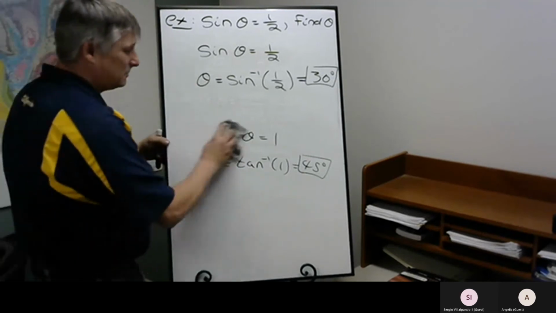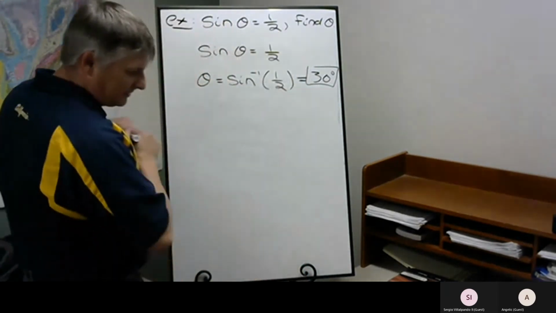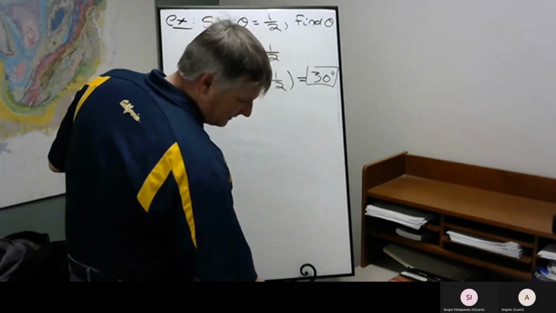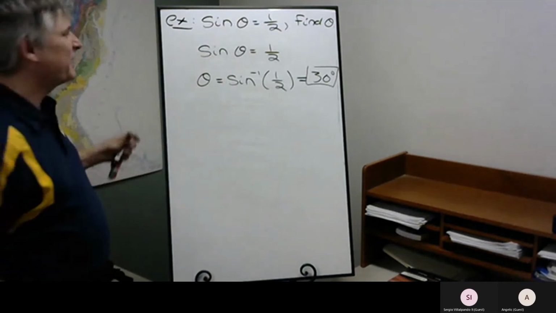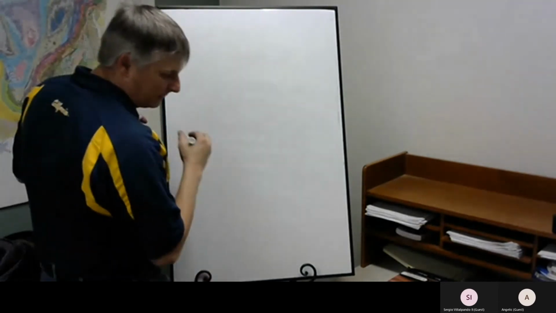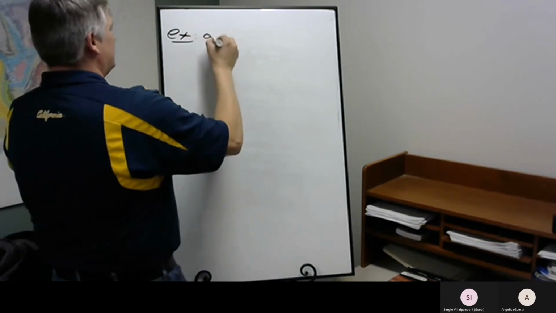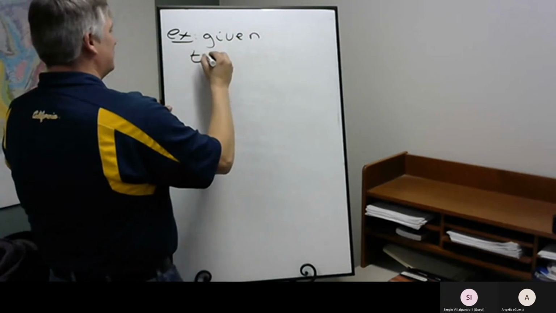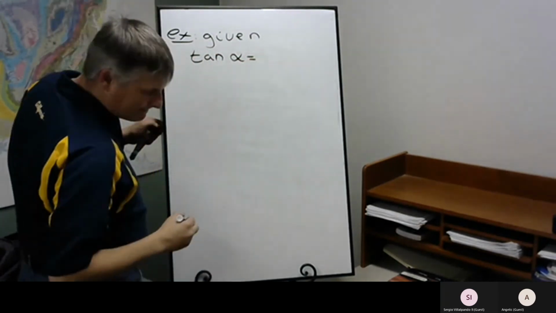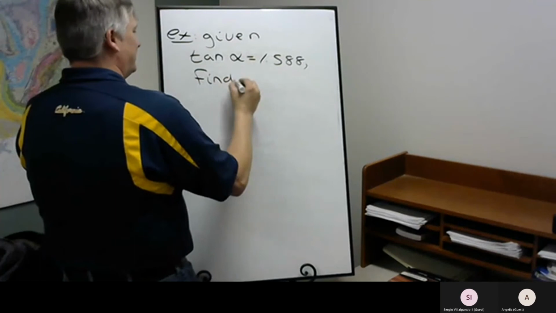But that's it. That's what you do. So let's see here, an example they have here. I'll pull one from the homework. So let's say we have this. And they use different letters for the angle. They don't just stick to theta. They'll use alpha, they'll use beta. Alpha is kind of a popular one. So you see, given the tangent of alpha is 1.588, find alpha.